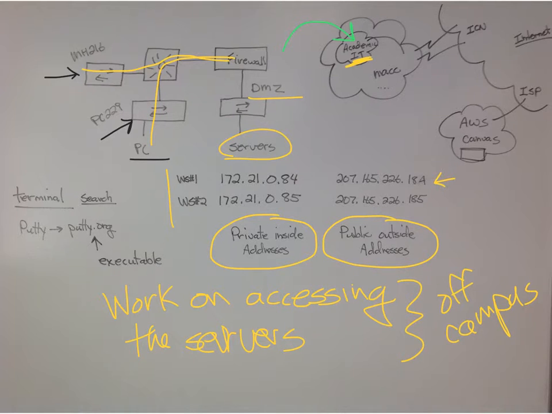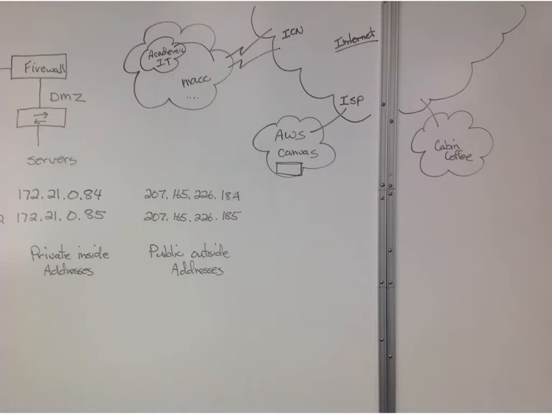And we still need to do this work, or at least go over how to do it from a Mac. So, wherever you're at, let's say you're at Cabin Coffee, you should be able to use some type of terminal software, and you should be able to come in and access the servers.